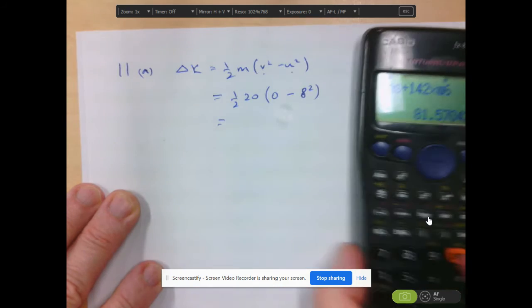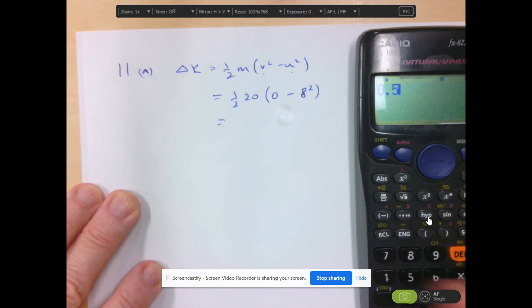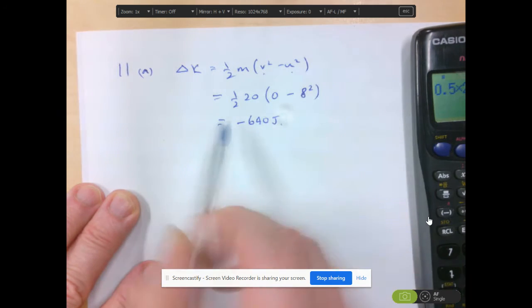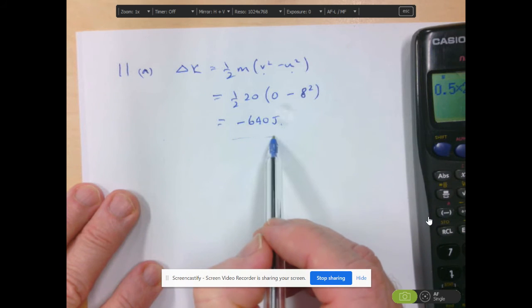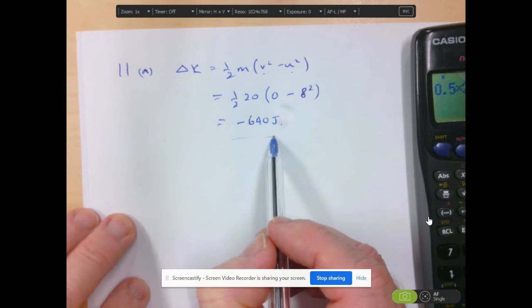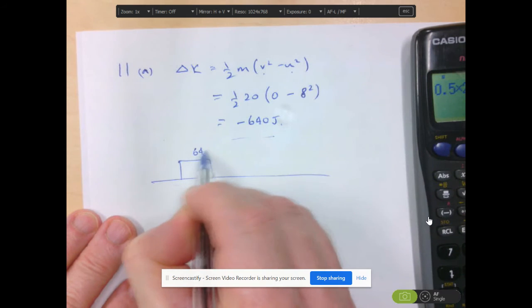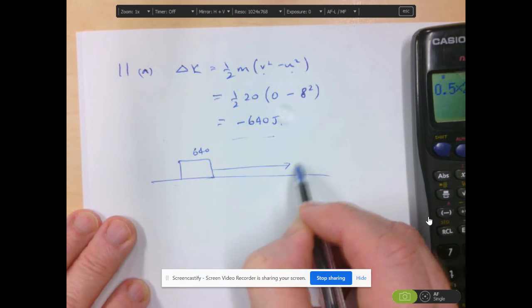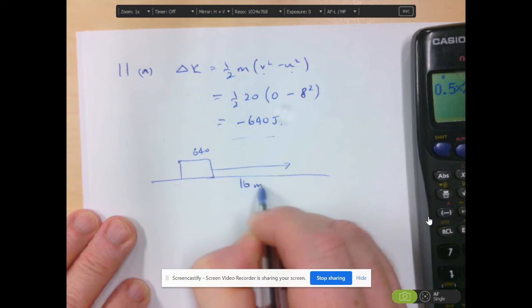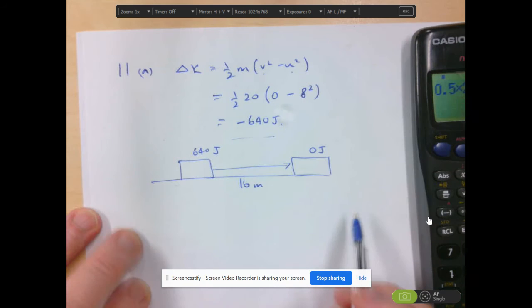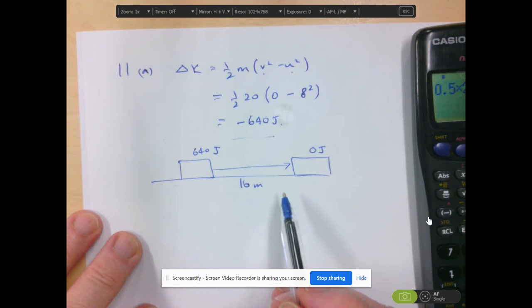Using the calculator, I know it's going to be a negative at the end. It's negative 640 joules. In other words, we're going to lose 640 joules as the object slides. So it had 640 joules here, and as it slides through its 16 meters, it will come down to 0 joules here. So where has this energy gone?